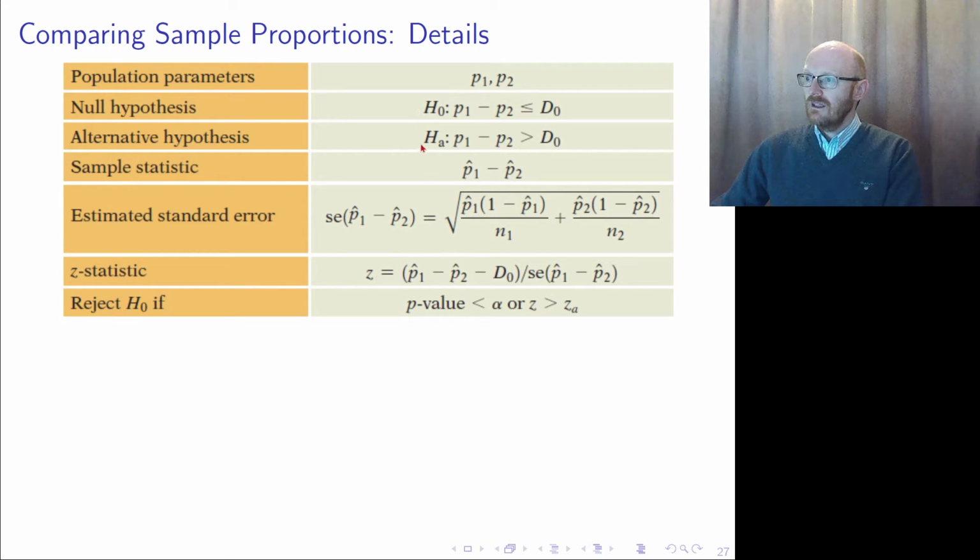So the alternative hypothesis is that the proportion is higher for the version after an action than the proportion with no action, and this difference should be greater than a cutoff.